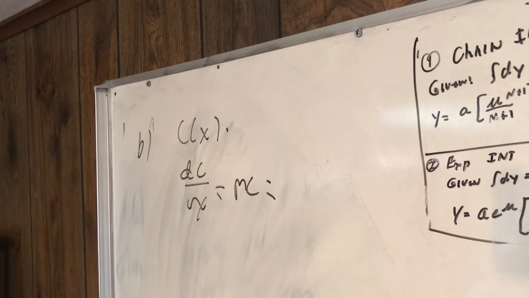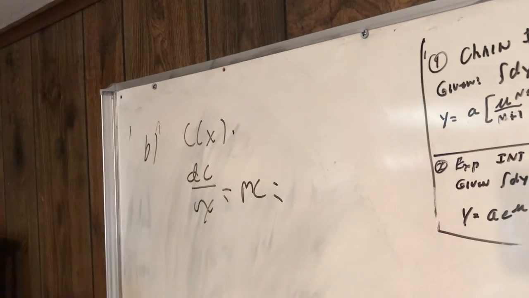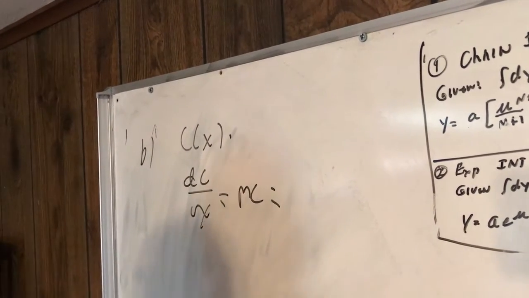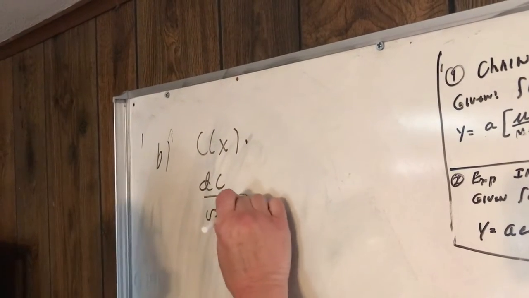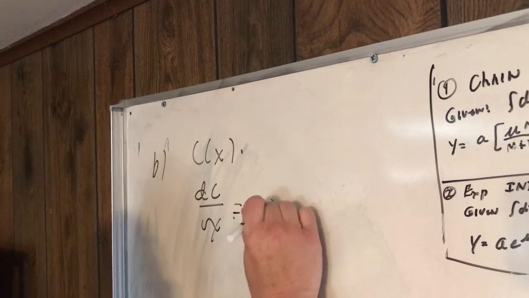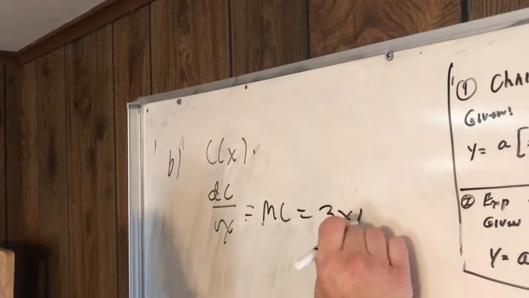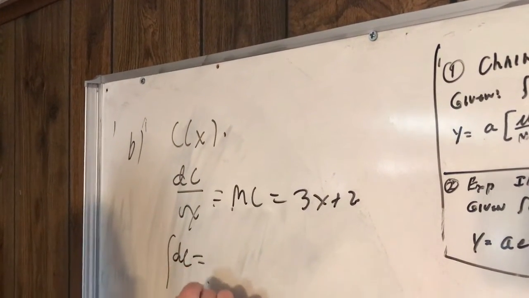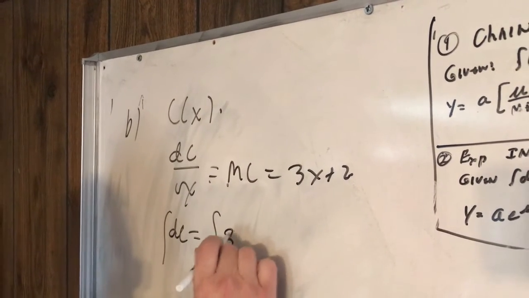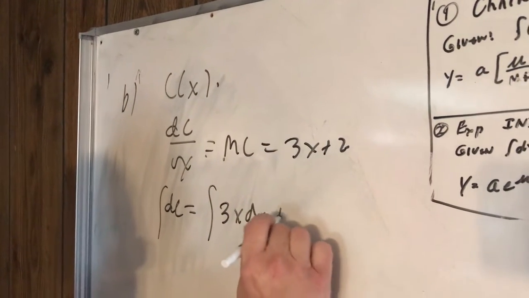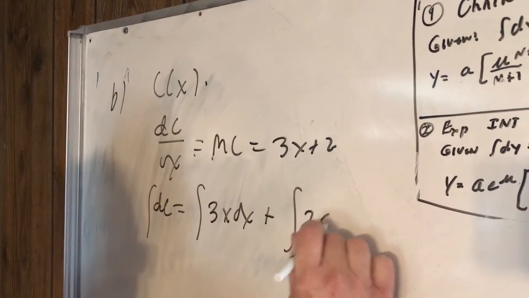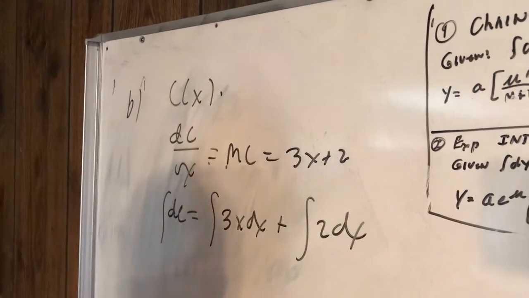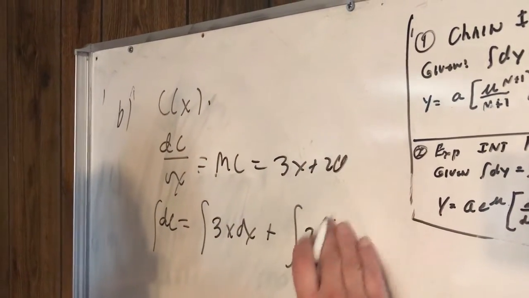Let's see, dc/dx is 3x plus 20. So the integral of dc is going to be the integral of 3x dx plus the integral of 20 dx.